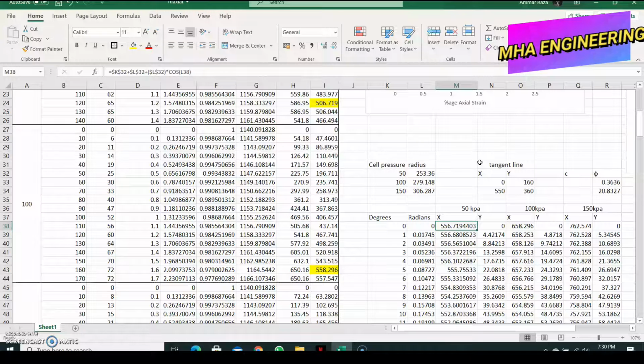That was when the cell pressure was 0. Here, because we also have 50 kPa of sigma 3, it has to be 50 plus the radius plus radius cos theta. As you can see, K32 is 50, and our radius is L32.